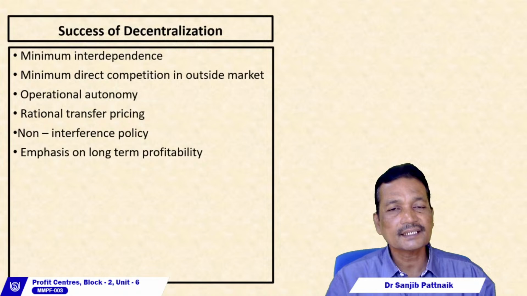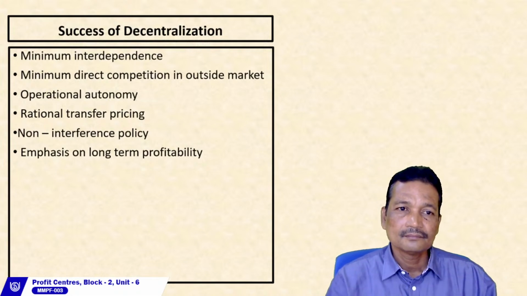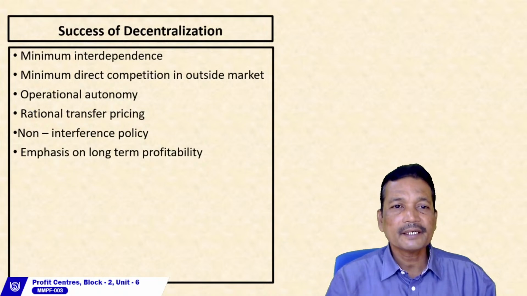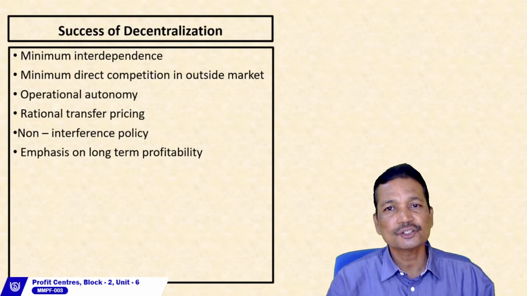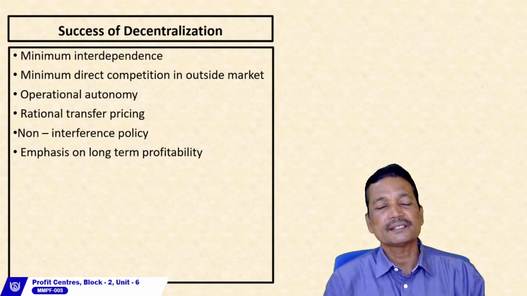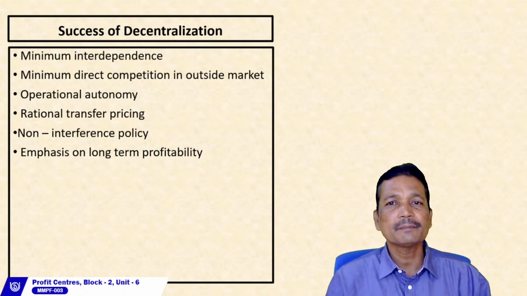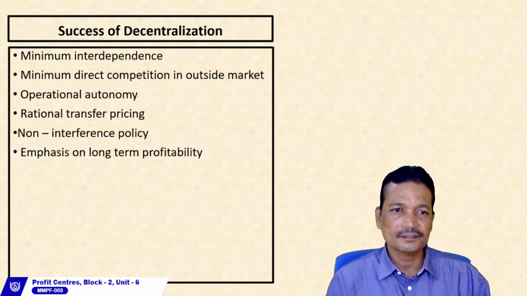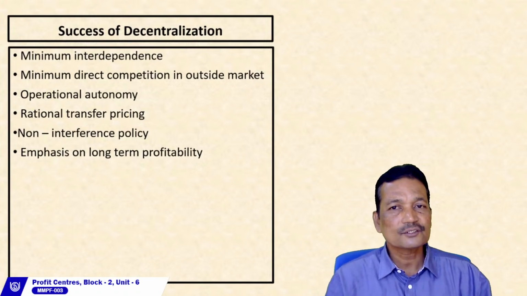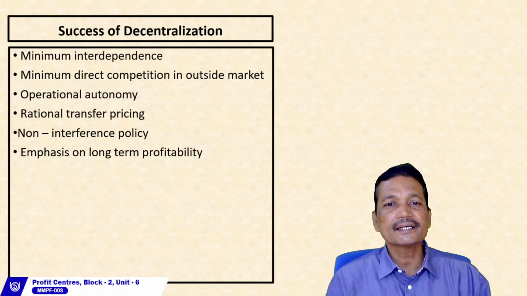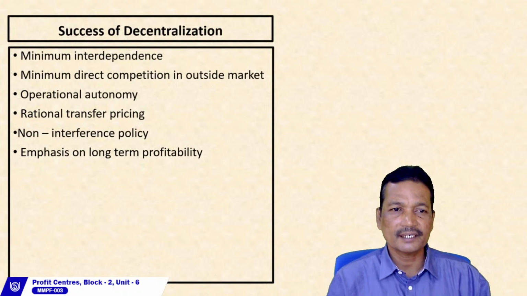So how can decentralization be successful? There should be minimum interdependence. That means each profit center or division generating profit should have as little dependence as possible on other divisions. There should be as little direct competition in the outside market among various divisions of the same organization.